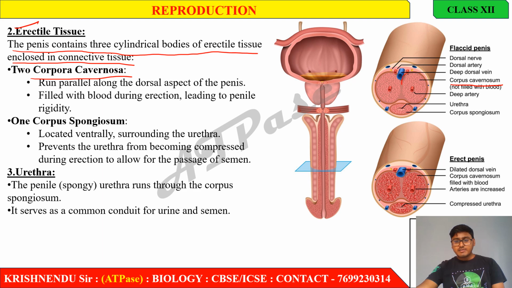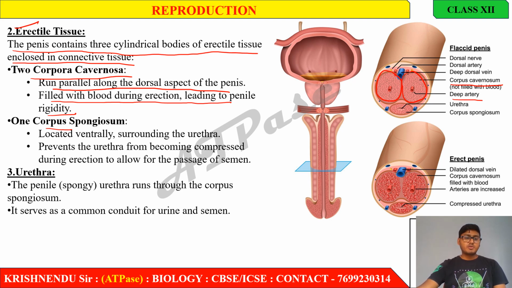This is one corpus cavernosum and this is the second, that's why two corpora cavernosa is written here. They run parallel along the dorsal aspect of the penis and are filled with blood during erection, leading to penile rigidity. Here you can see that the deep artery is also present for supplying blood.